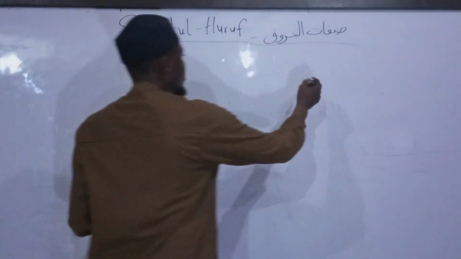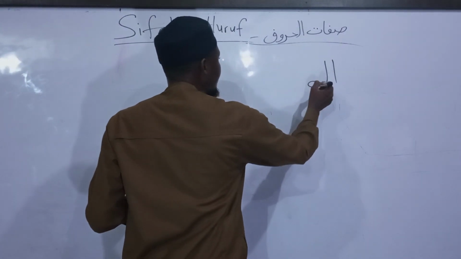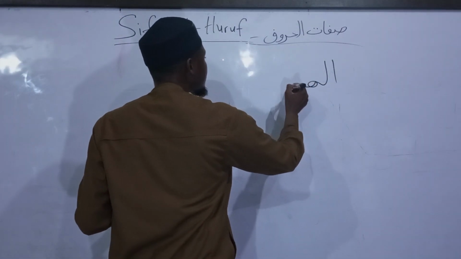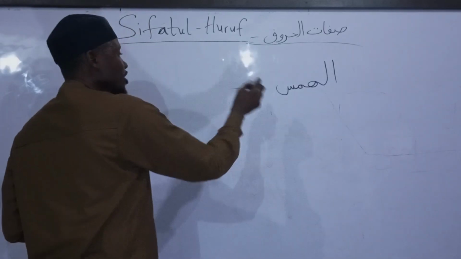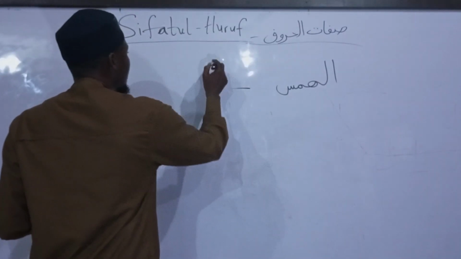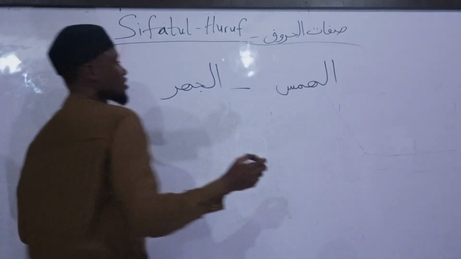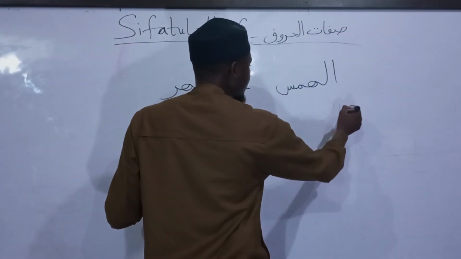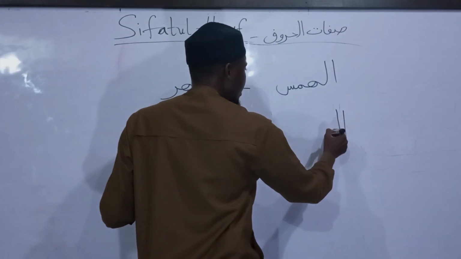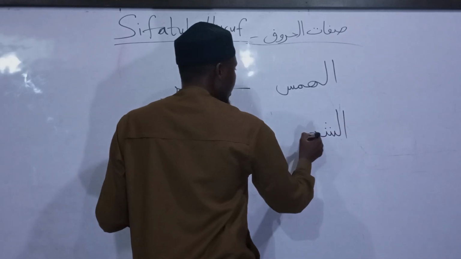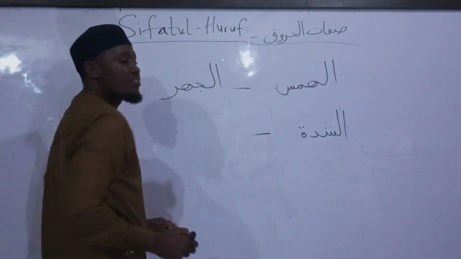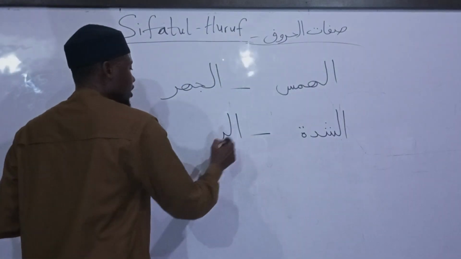The first pair is al-hams, and the opposite of al-hams is al-jahr. The second one is ash-shidda, and the opposite of ash-shidda is ar-rakhawa.